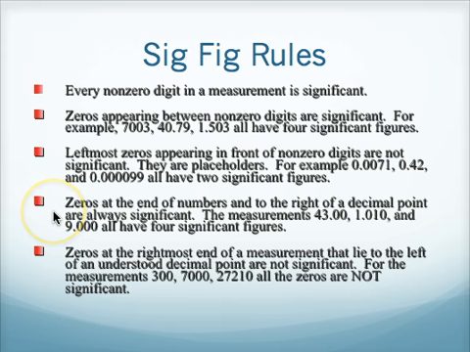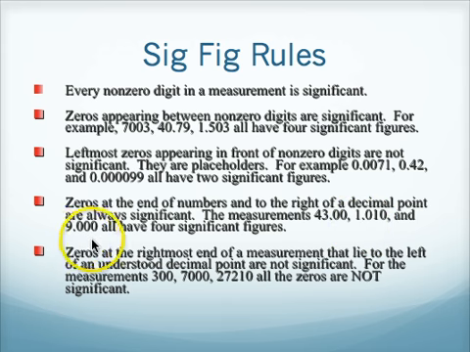The next rule has to do with zeros at the right of the number. Zeros at the end of the number to the right of a decimal point are significant. So here, 43.00, the zeros are to the right of a decimal point, and they're after a number that's significant.